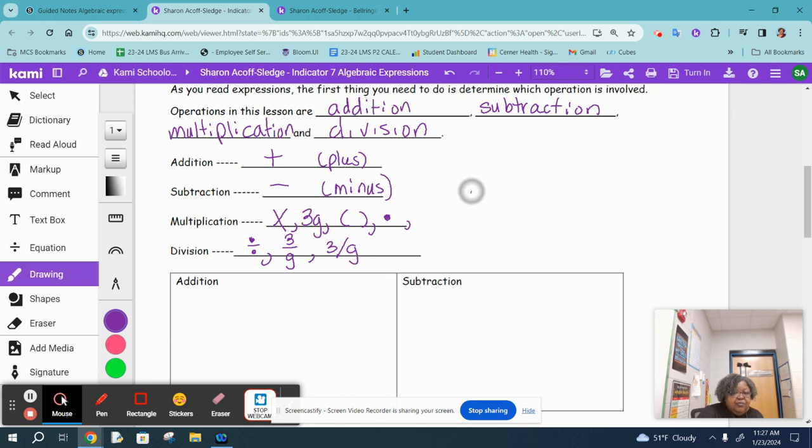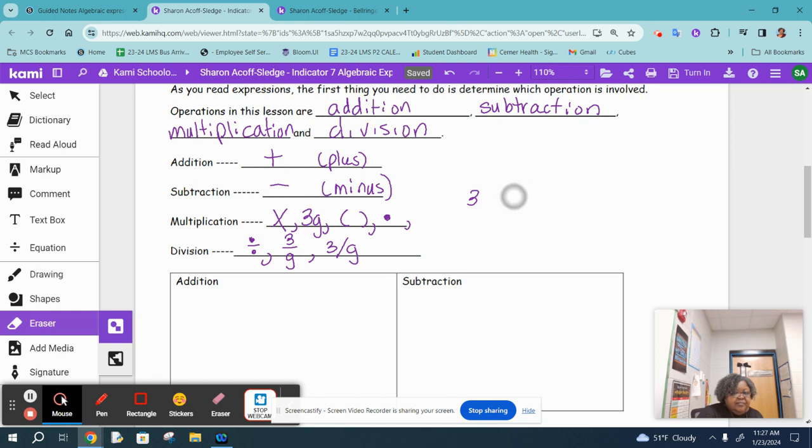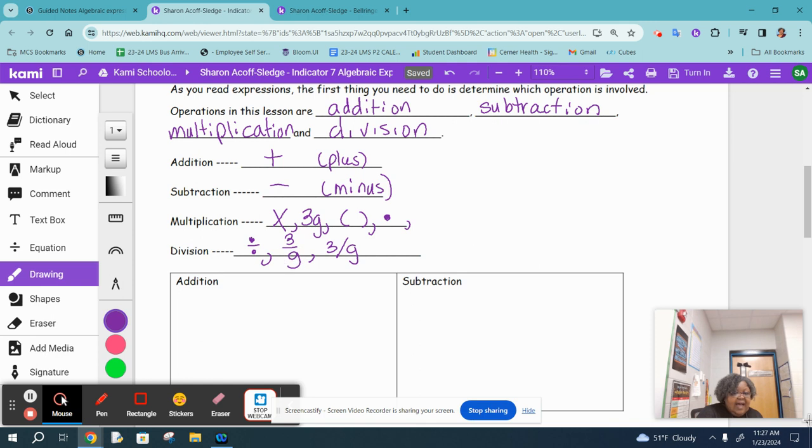But if I'm just doing 3 times 5, I'm more likely to use parentheses. The dot is fine also. If I'm doing division, I'm going to do this one. I never really use that symbol unless I'm teaching division. But if I'm writing it in an expression, I'm going to do this one or this one. Okay.